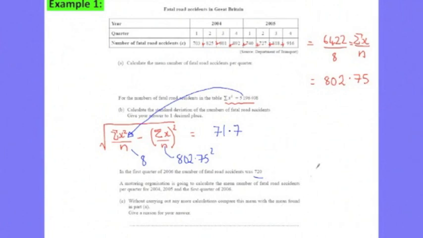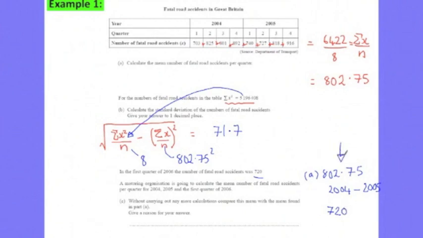So let's have a look at the mean in Part A. In Part A, we have a mean of 802.75. This is from 2004 to 2005. We have here the first quarter in 2006 as 720.